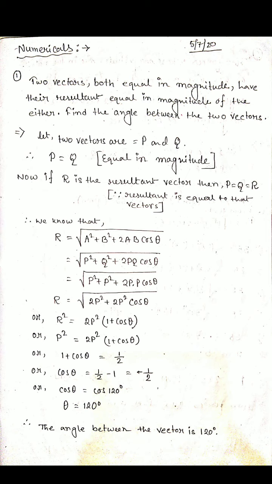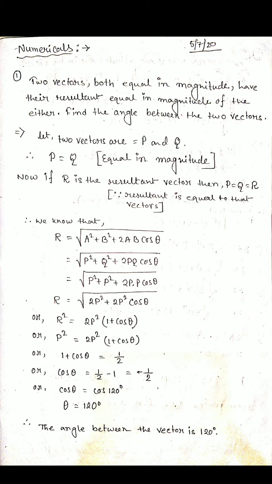So we use the formula to find the magnitude of the resultant, that is R equals root over of A square plus B square plus 2AB cos theta. In place of A and B, we put P and Q. After that, because P equals Q equals R, in place of Q and in place of R, we put P.